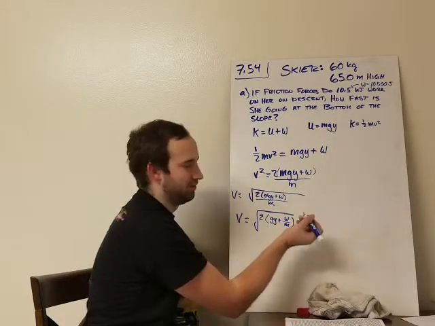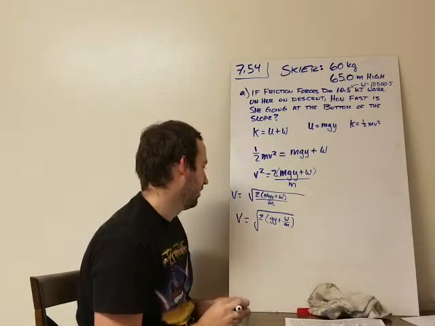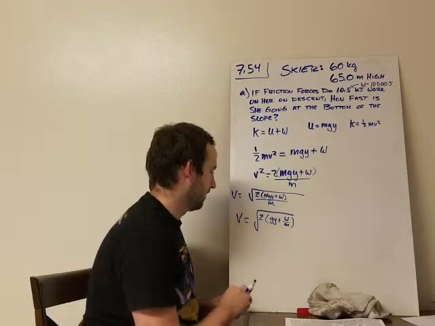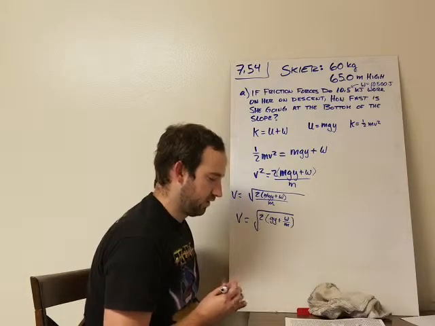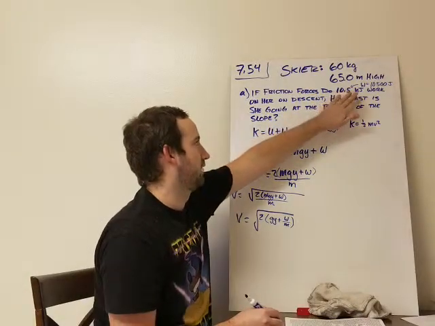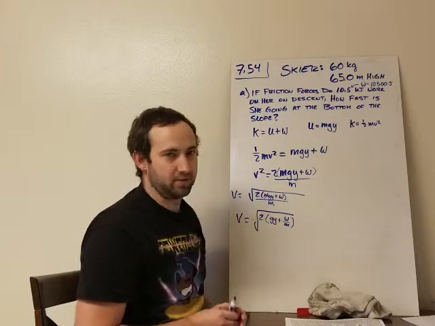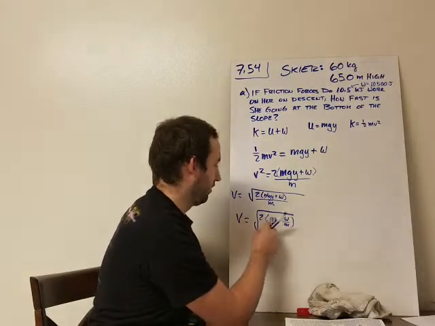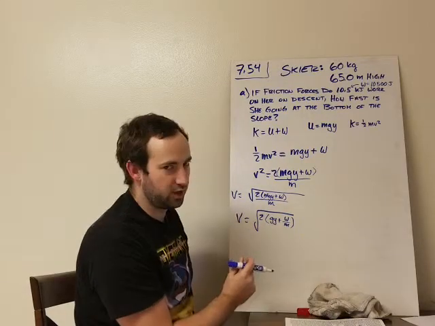Don't have to do that, but it helps in my brain. I don't like fractions. Anyway, now all we need to do is plug in the values that we know. The work is 10.5 kilojoules, which equals 10,500 joules. We know gravity, we know y, and we know the mass. So we know everything to find the velocity.